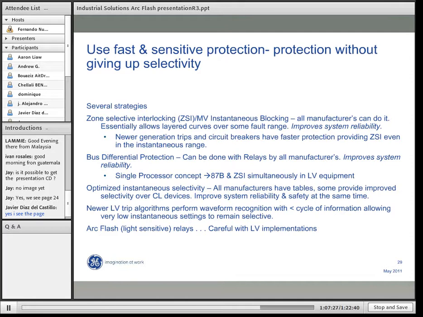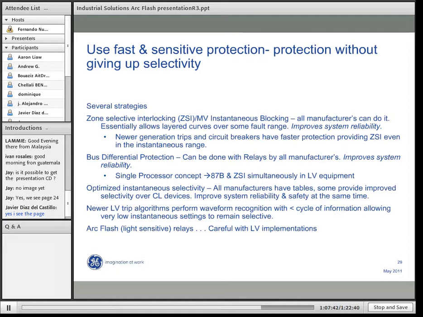And bus differential protection in the past was normally used just for medium voltage buses, using dedicated relays that had a current transformer on each feeder.